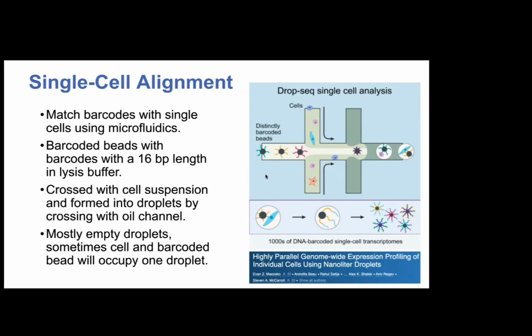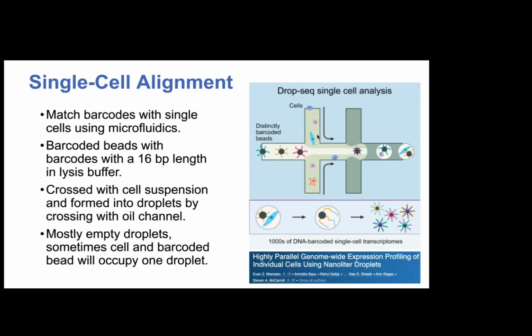And this all started with a technology called Drop-seq. The idea is the following. You have barcoded beads. We know these already from L1000, right? They're covered in these barcodes, and we send them one by one through this pipe. Then we intersect them with a stream of cells that are suspended individually, hopefully just by themselves.